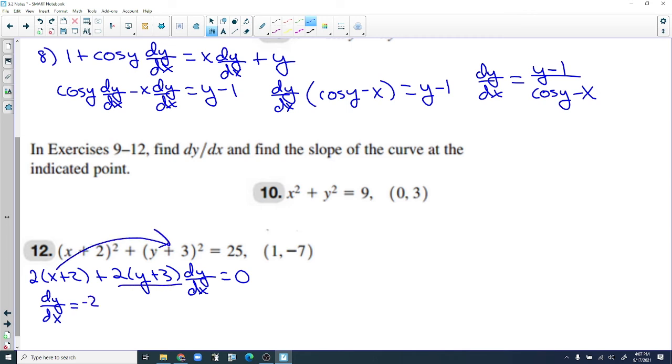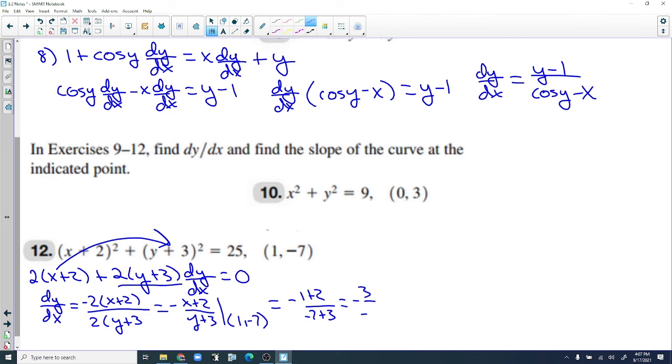We get negative 2x plus 2 over 2y plus 3. So negative x plus 2 over y plus 3. And we're evaluating this at 1, negative 7. So negative 1 plus 2 over negative 7 plus 3. So negative 3 over negative 4, 3/4.